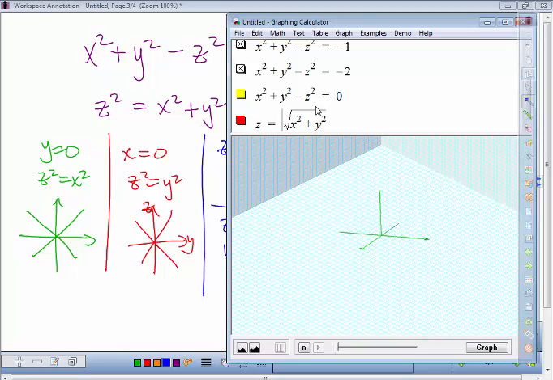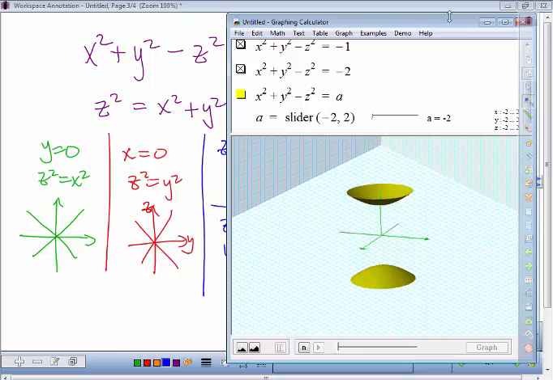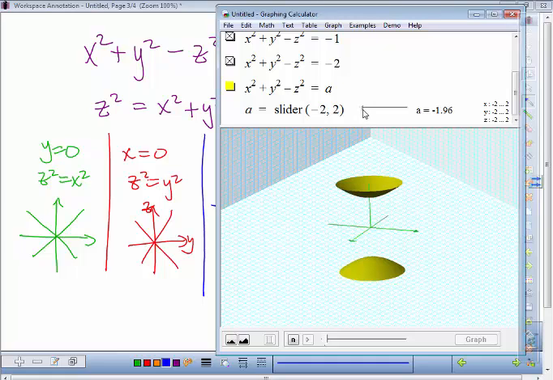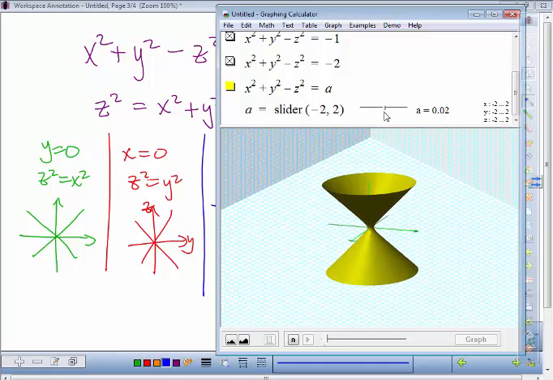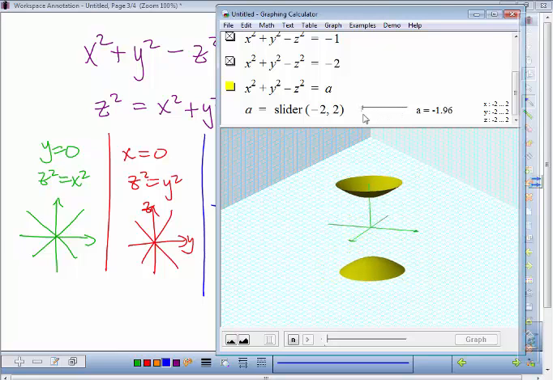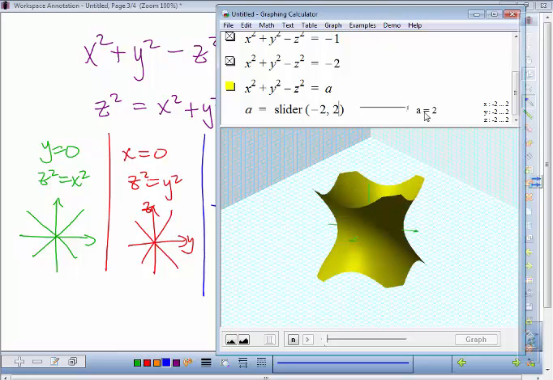If we take one of these equations and make this into a parameter A, and we let A be a slider like we've done before, so we can animate, we can start off with a hyperboloid of 2 sheets, and then move this until it becomes a cone, and then it becomes a hyperboloid of 1 sheet. It's pretty cool, huh? Okay.